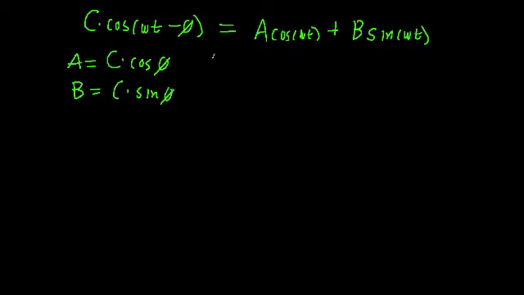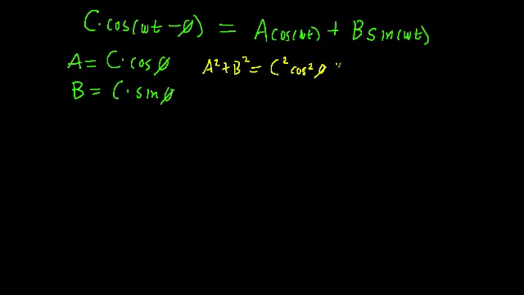Well, I've got an idea. What would happen if we were to take A squared plus B squared? And you may be saying, why would we do that? Well, let's just listen closely and find out. Our A term corresponds to C cosine phi, so A squared is C squared cosine squared phi.